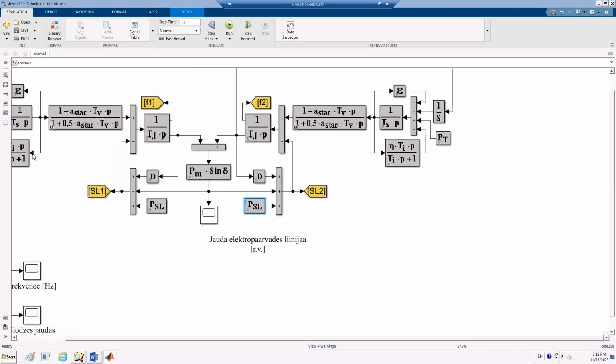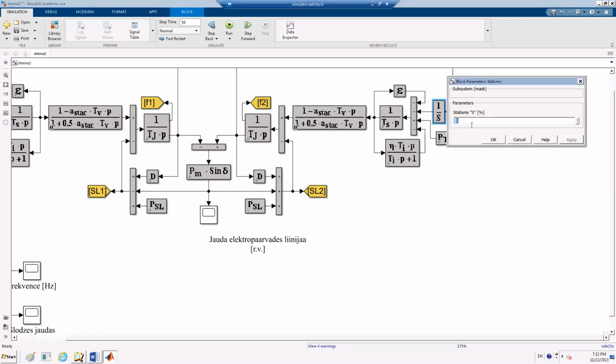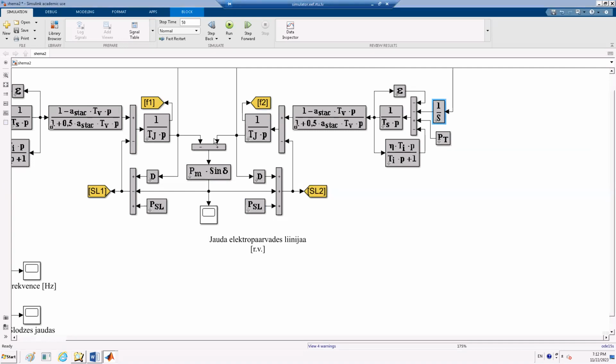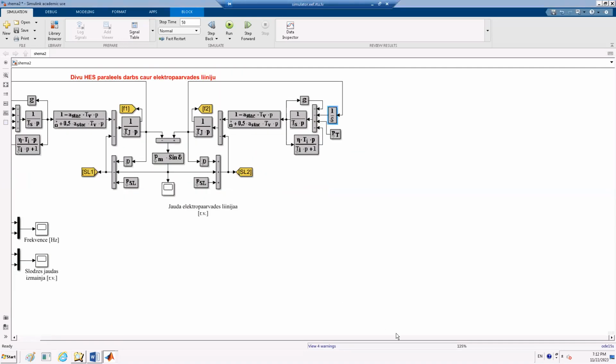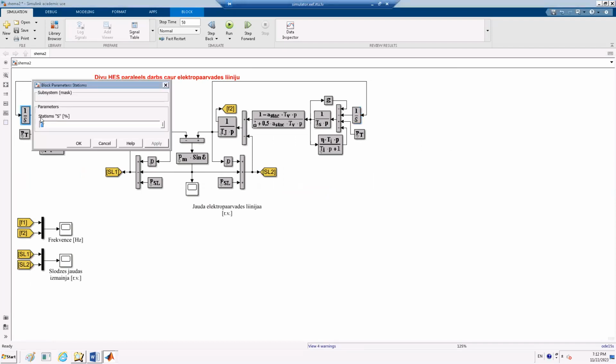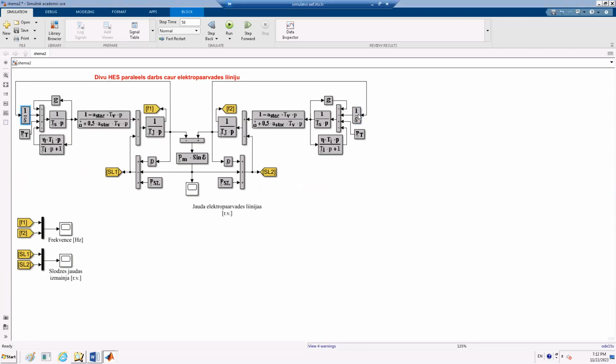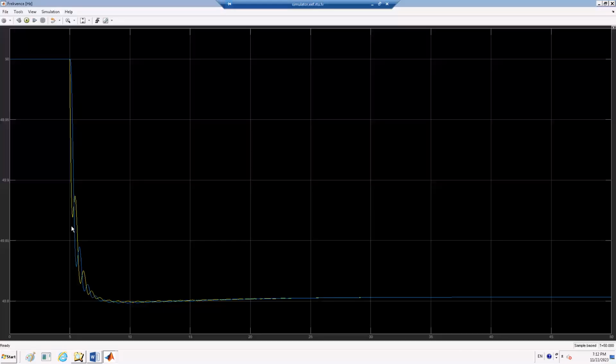So it means that we have a deficit here, and the power should go from here to here. What is more, we could represent, for example, less reserve here than here. For example, we have 7% here, 3% here, and the deficit is here. So what will happen with the frequency at the different buses?